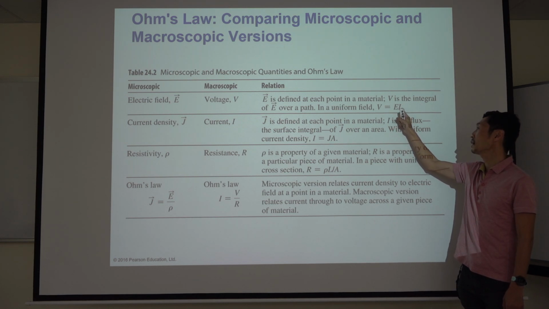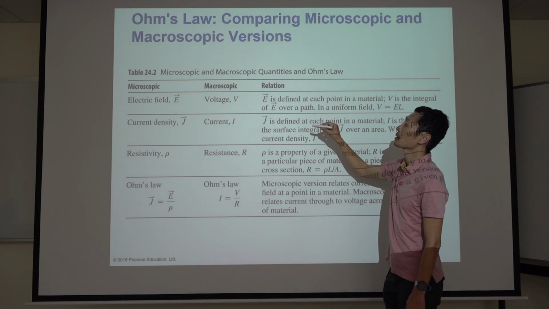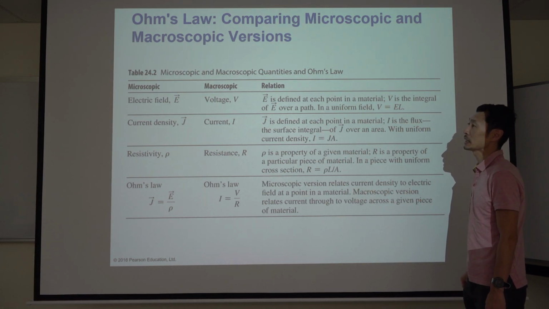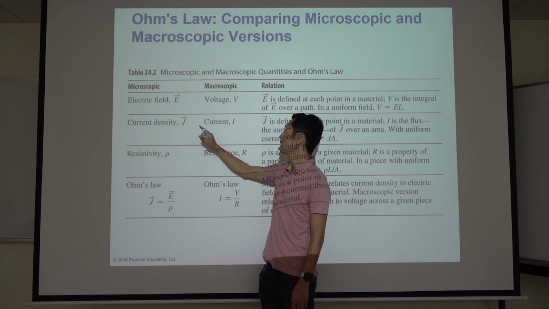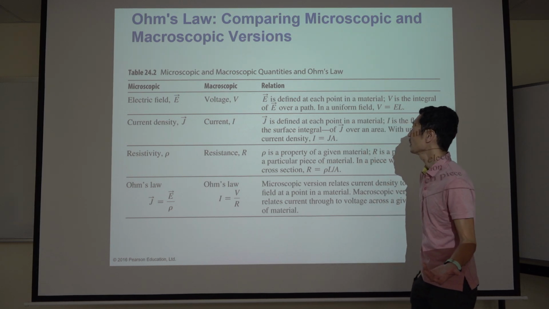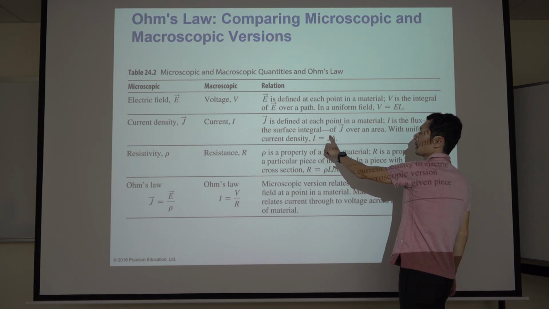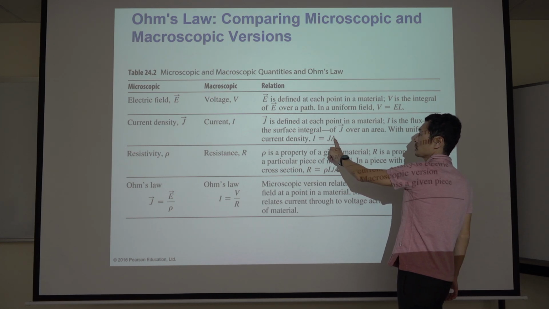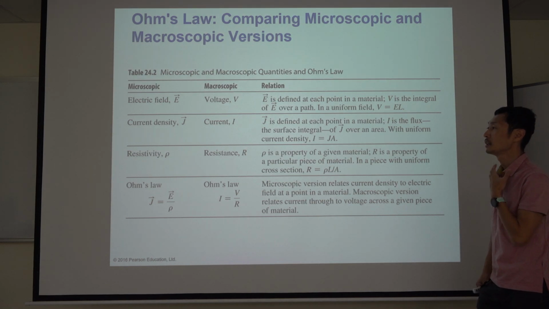By multiplying the length, you can relate microscopic to macroscopic. The current density J is microscopic. The current is macroscopic. What was the relation? If you remember, the current is current density times A, area.